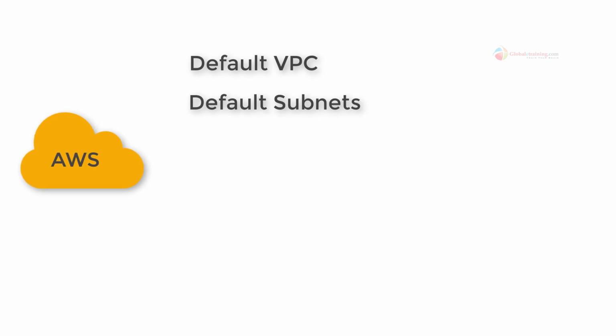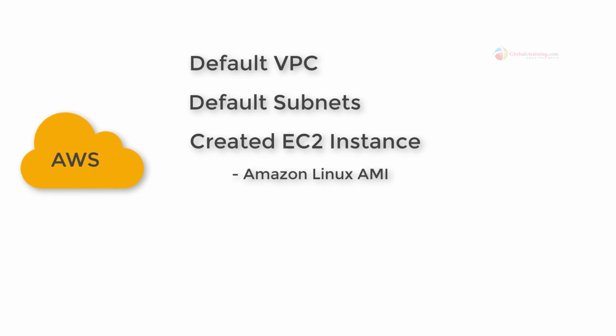Okay, in this video, we looked at the default VPC and the default subnets that were provided. And then we created an EC2 instance using a Linux image and also the free instance type. During the instance creation process, we created a key pair.